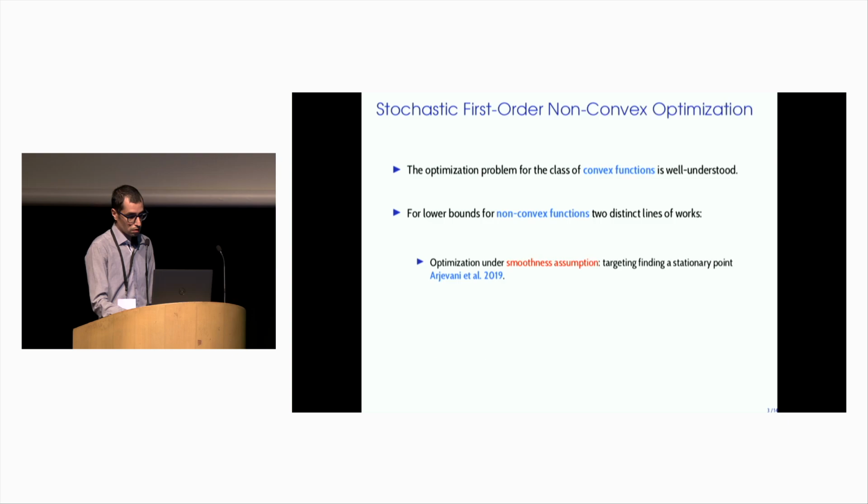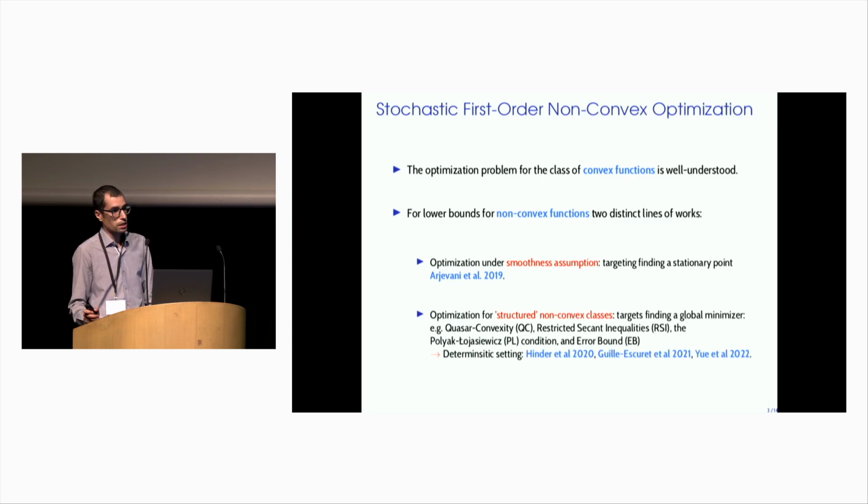The other line of work makes some assumption on the non-convexity of the functions, also known as structured non-convex classes. This includes classes like quasi-convexity, functions that satisfy the restricted secant inequality, PL condition, error bound, and so on.